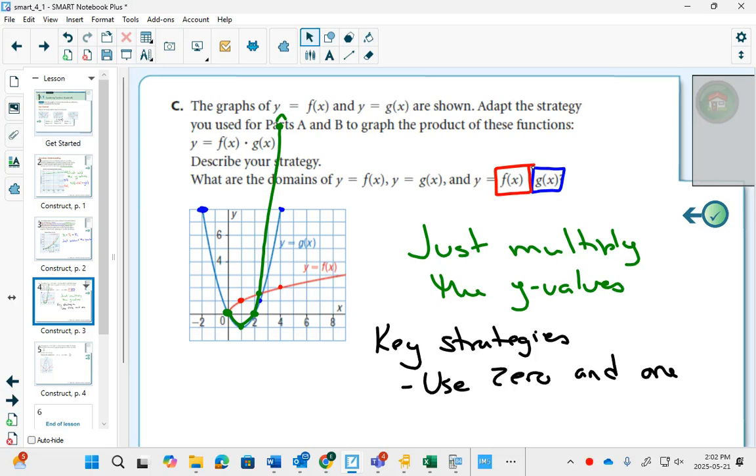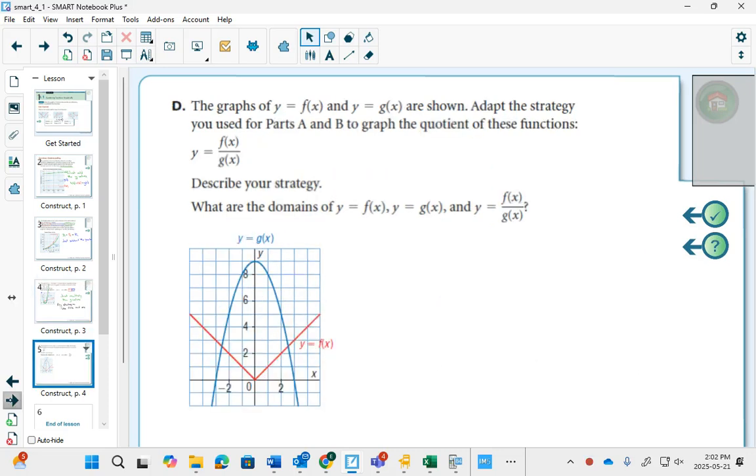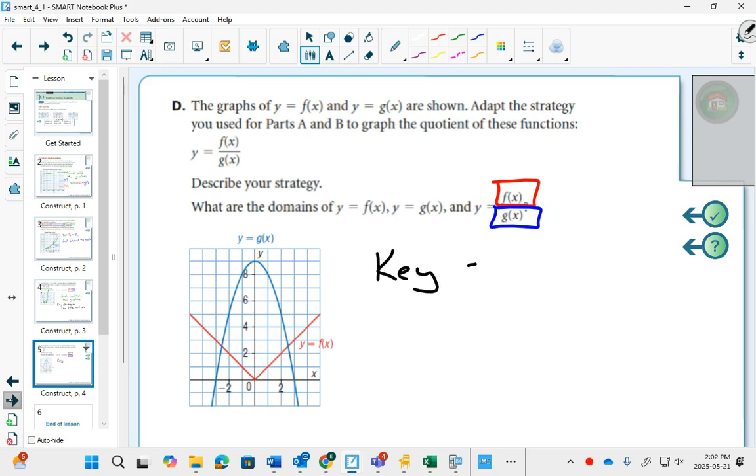The hardest one is dividing. So here we're going to take the red graph divided by the blue graph. Okay, key strategy. What are nice things to do here?